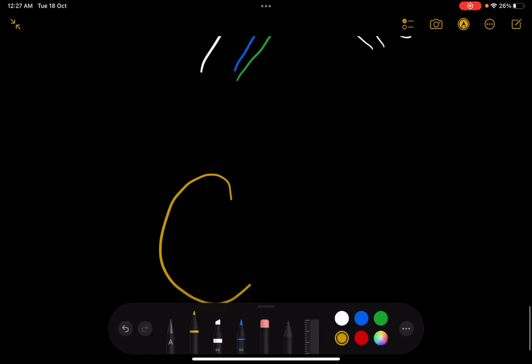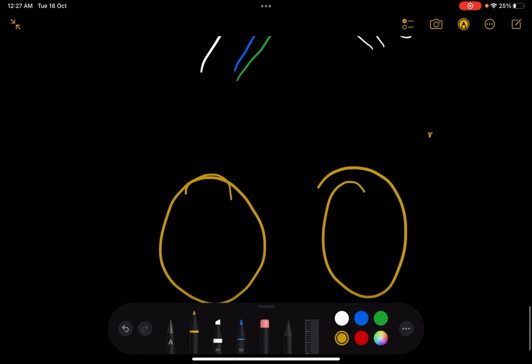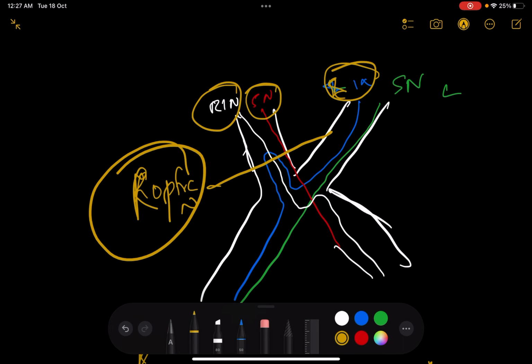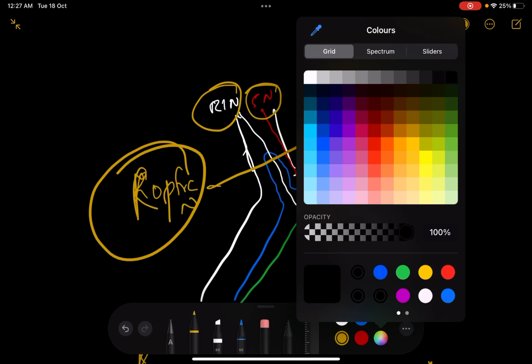So if this is your left eye and this is your right eye, the right inferior nasal is affected, the right superior nasal is affected, and also the very important temporal tract.